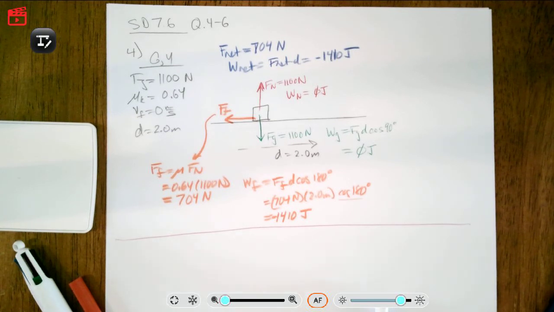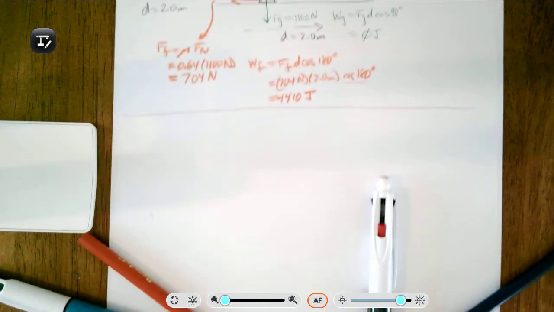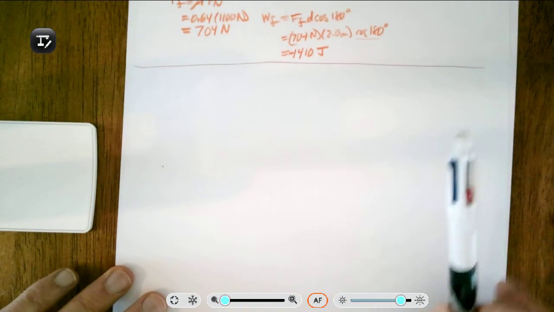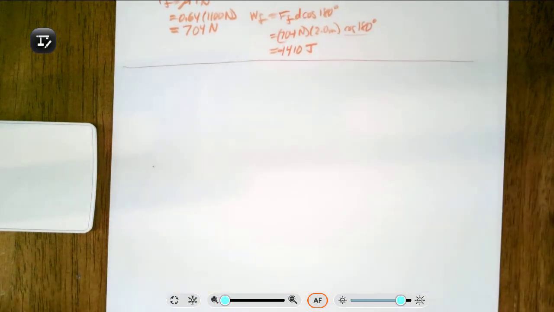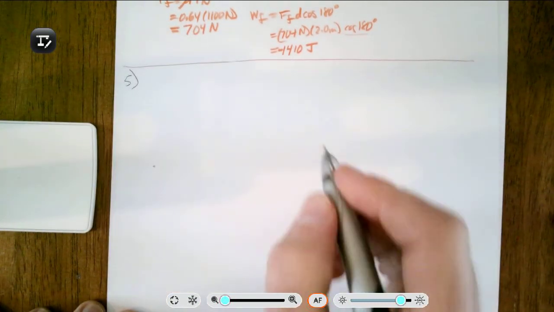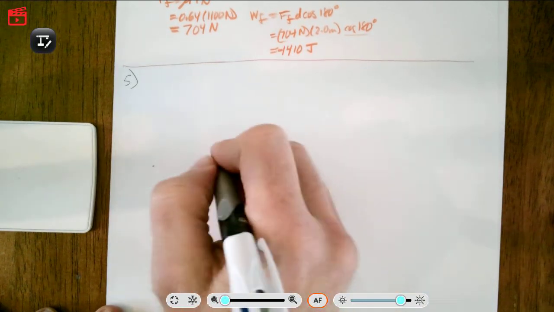Next question is number 5. There we go. So let's see what's going on in number 5. A 20 newton block falls freely from rest at a point 5 meters above the surface of the earth. So here's the earth.